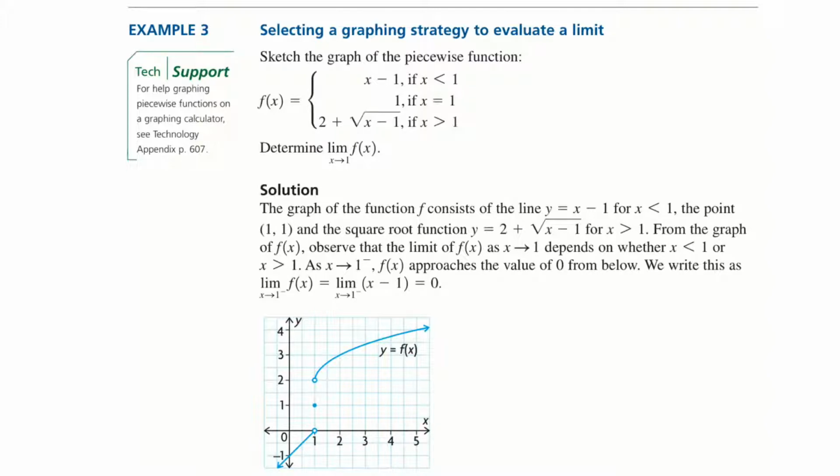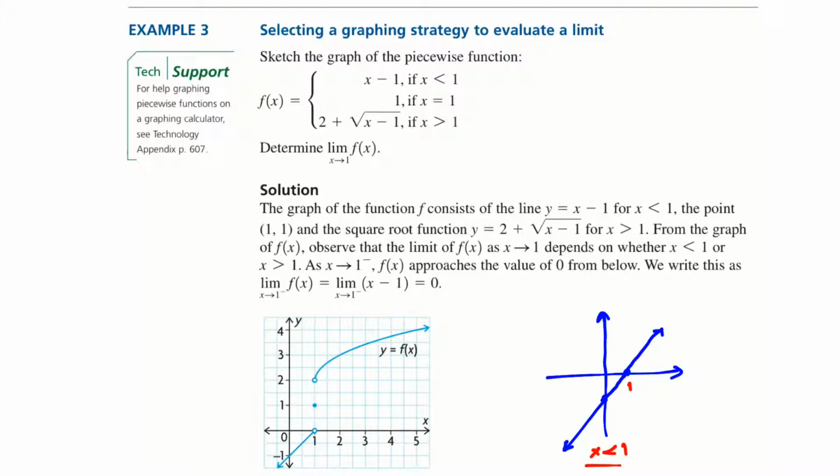When x is smaller than 1, we have a straight line, y equals x minus 1, but only the part where x is smaller than 1.